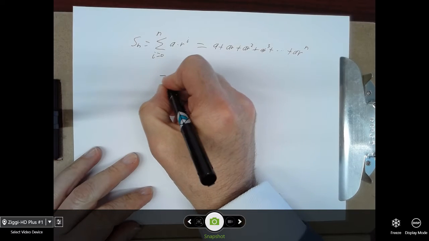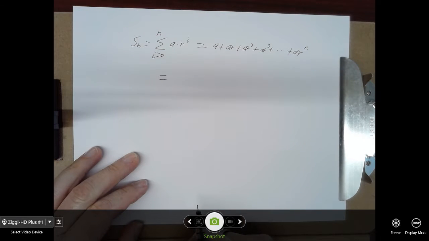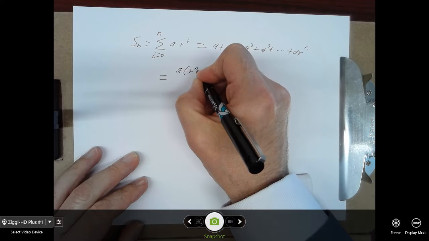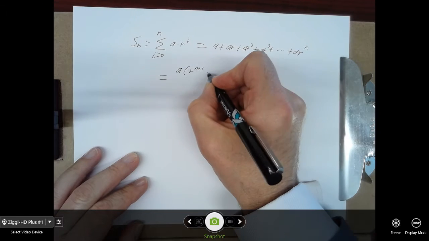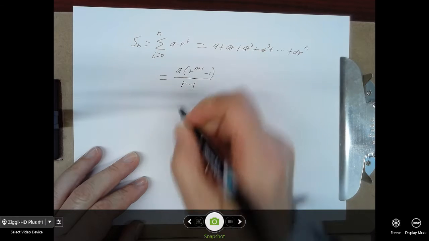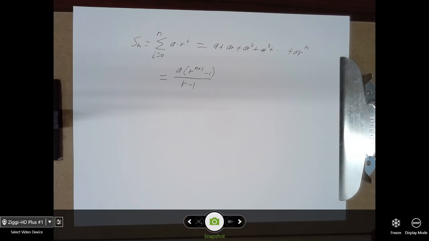And we can find a formula for this sum, which looks like this. It's a fun little exercise to try to come up with that formula.